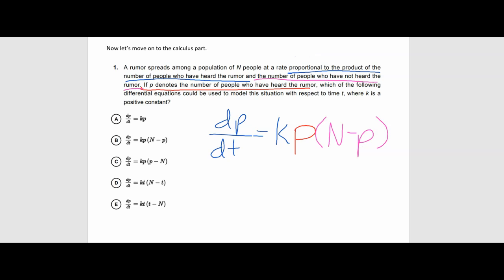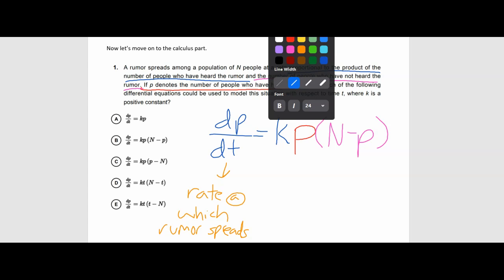So let's label what the different parts of this equation represent. We have the blue, rate at which the rumor spreads. We have k, constant of proportionality. I don't think I need to label that.